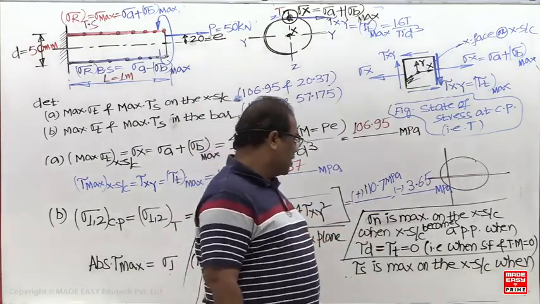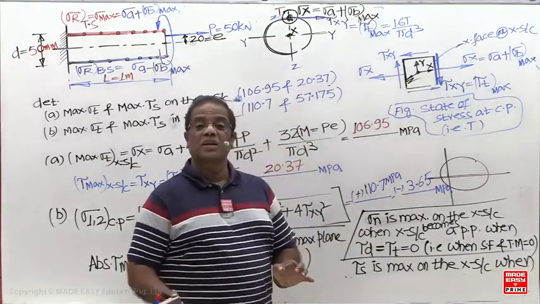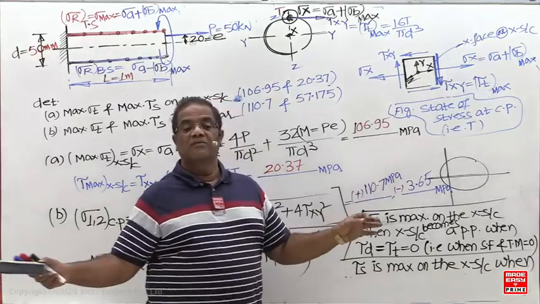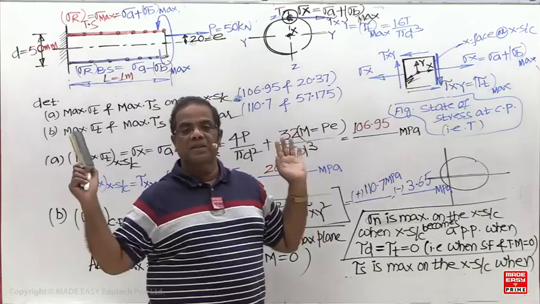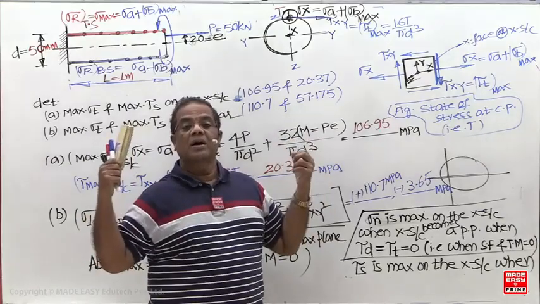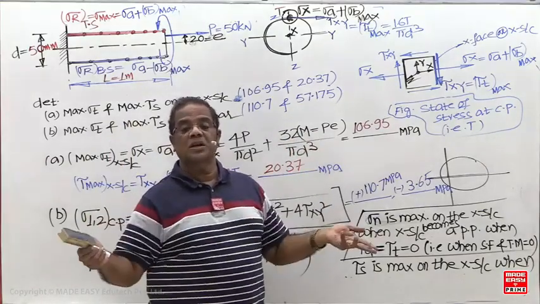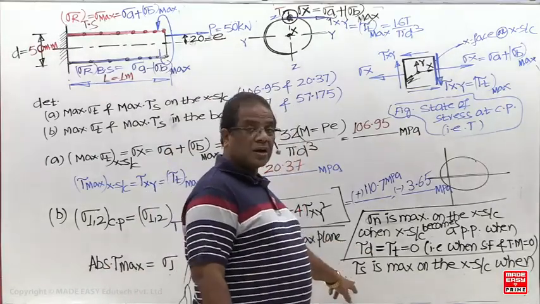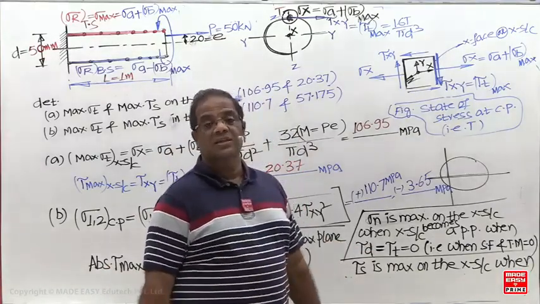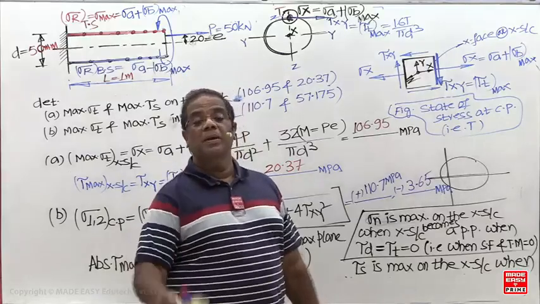So these are the important ones. Whenever shear force and twist moment both are 0, the cross section is directly a principal plane, and on that cross section we are going to get a maximum normal stress. Similarly, on the cross section you get a maximum shear stress when both axial load and bending moment are 0.